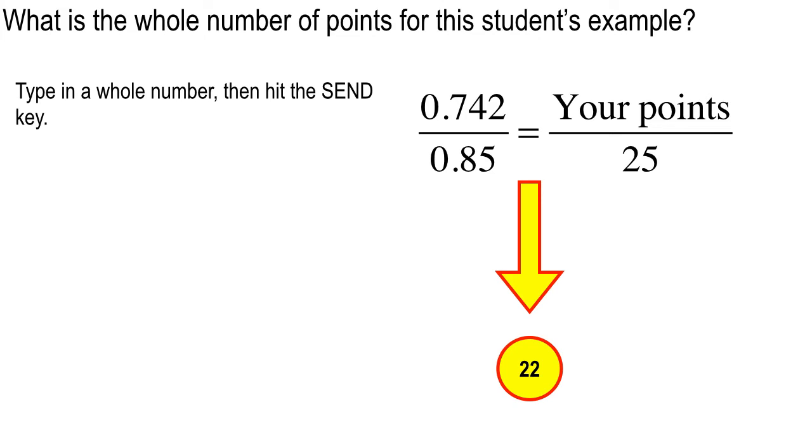You guys that got 23, you're a little bit high. Those of you that wrote in 21, you didn't round right. Those of you who wrote in 21.8, you didn't round at all. Round up.